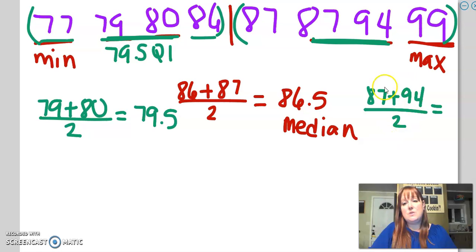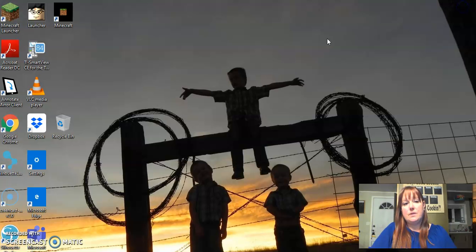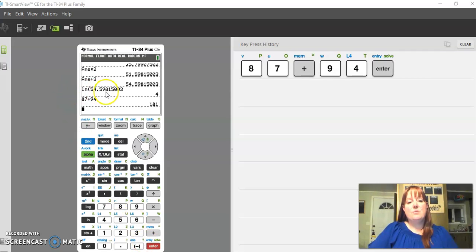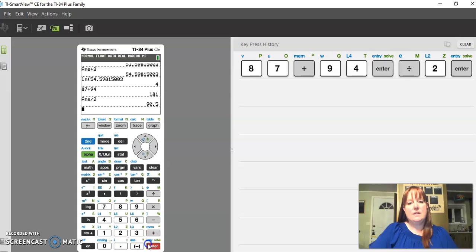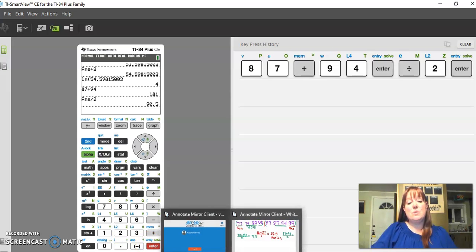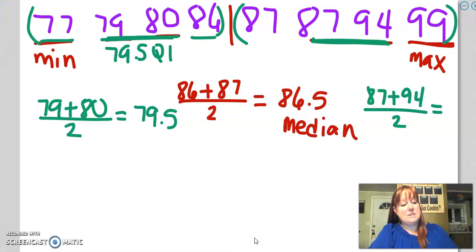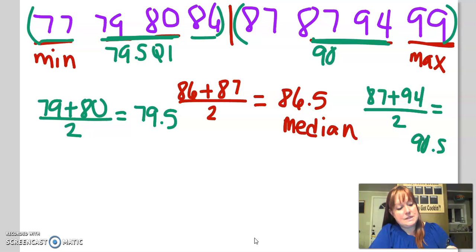But for these ones you can add them together. Let's do that. So 87 plus 94 is 181. We divide that by 2, and that's going to be 90.5. So that's the number that's exactly in between these 2 numbers: 90.5. So quartile 3 is 90.5.